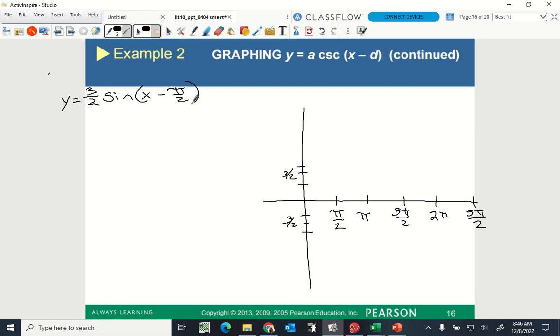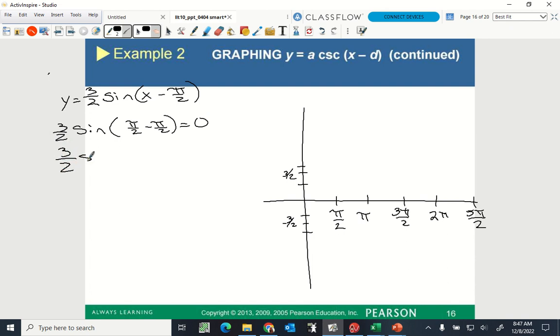So I'm going to start plugging in my values. Pi over 2 minus pi over 2 gives me 0. Now, unit circle, what's sine at 0? It is 0, all the way to the right. Sine is 0 times 3 over 2, 0.